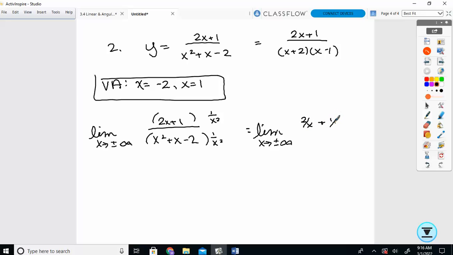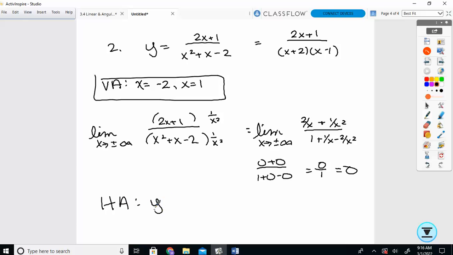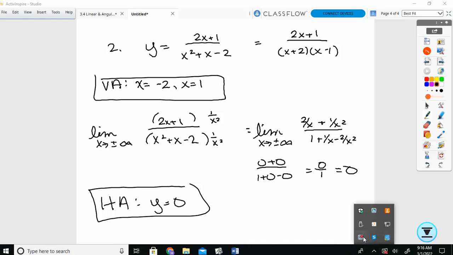So we would get 2 over x plus 1 over x squared, over 1 plus 1 over x minus 2 over x squared. We know that if you have a number over infinity, it turns into 0. So we have 0 plus 0 over 1 plus 0 minus 0. So we get 0 over 1, which is 0. So the horizontal asymptote would be y equals 0.